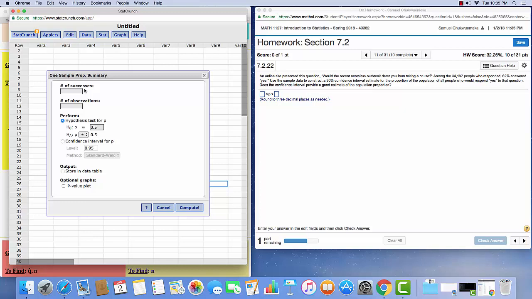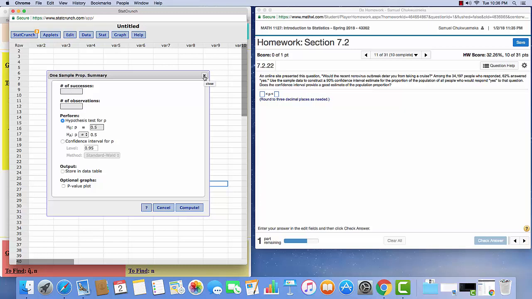You can't put 62% directly. You have to find 62% of this to get the number of successes. So you have to be careful with this. Let me do this first with my calculator, and then we can also do it with Statcrunch.